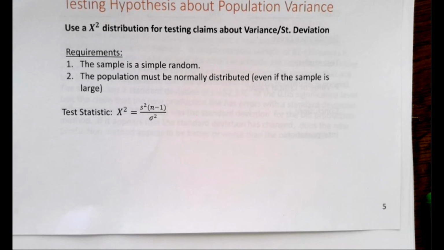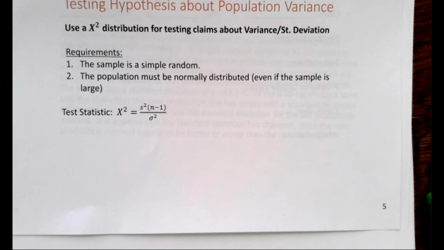We use the T distribution for confidence intervals of a sample mean, and the chi-square distribution for confidence intervals for variances or standard deviations. So it's the same for hypothesis testing. It's not different.